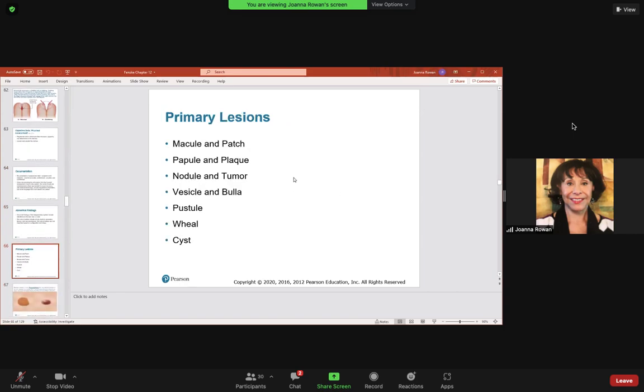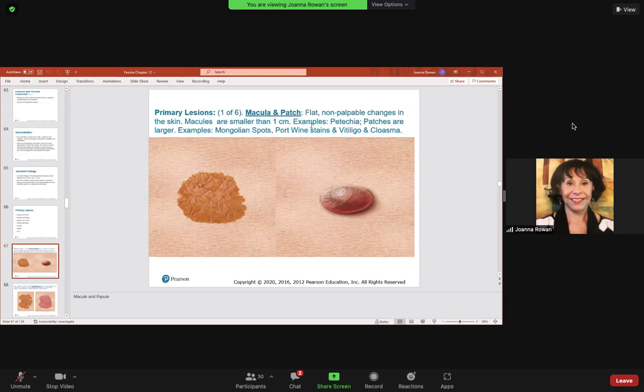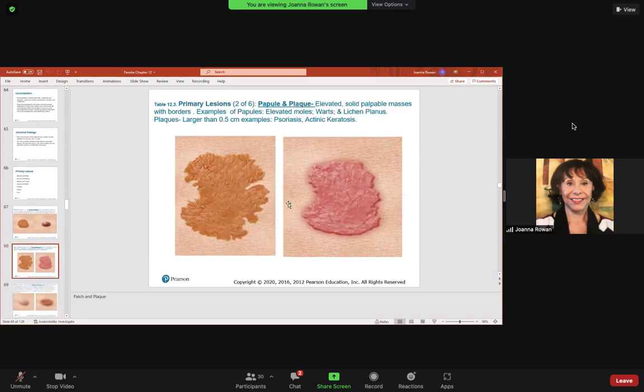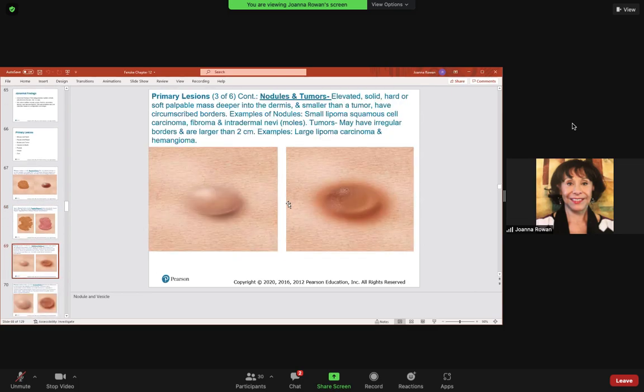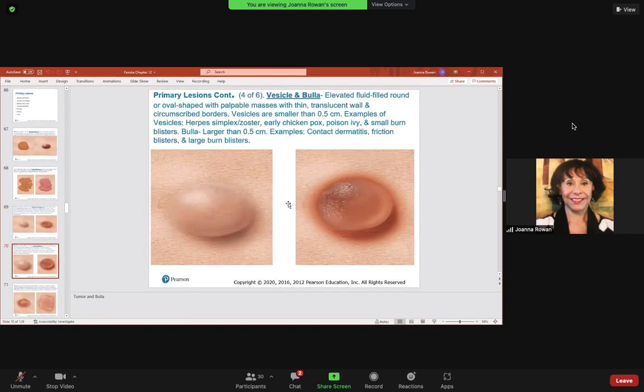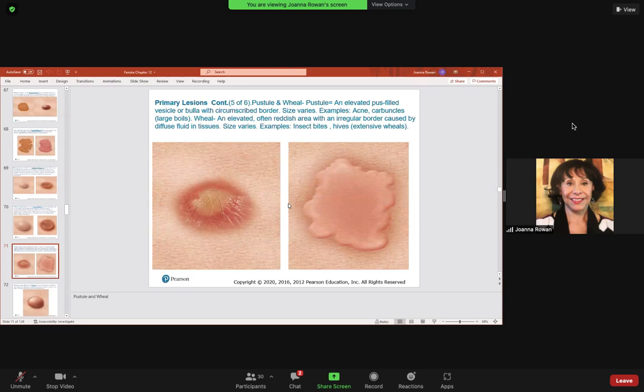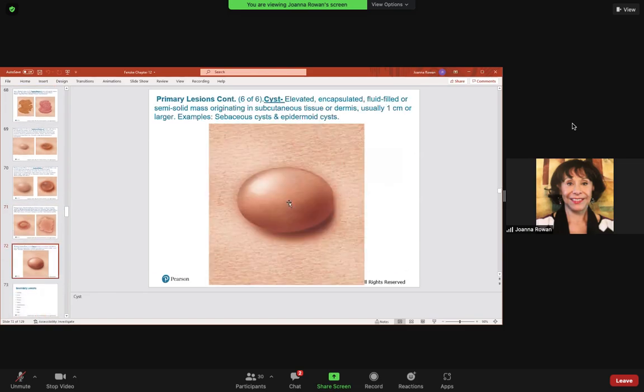And here we are going to abnormal findings. And I'll tell you what you need to know. You need to know macula and patch, mainly the examples of them. Papula or papule. Pustule and wheel, just the examples.